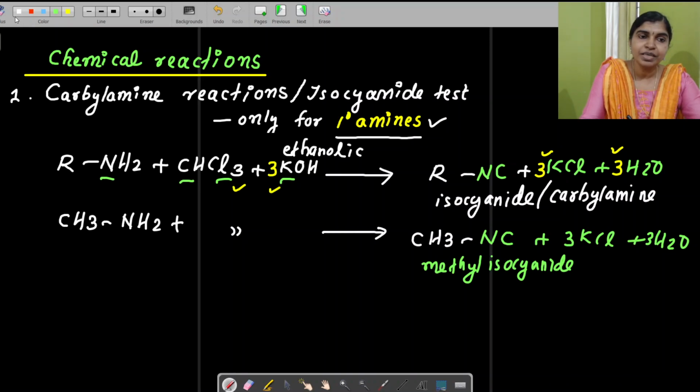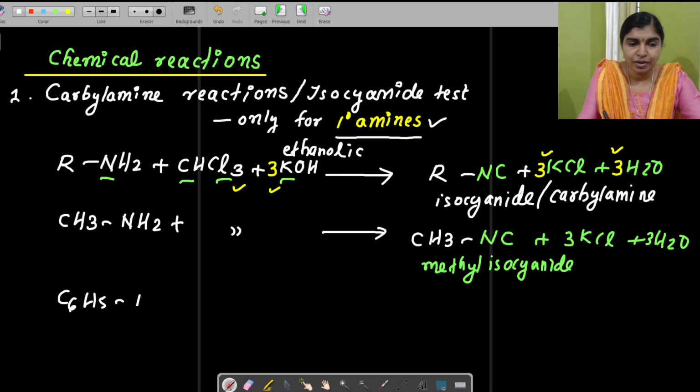So how will you convert benzylamine, or rather aniline, into the corresponding isocyanide? How can you convert it into phenyl isocyanide? Here we take aniline as the starting material, C6H5NH2.